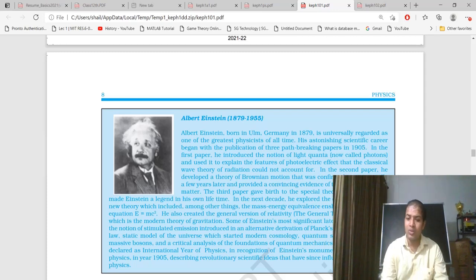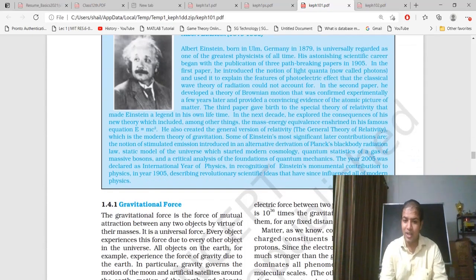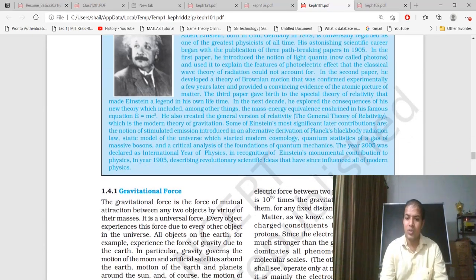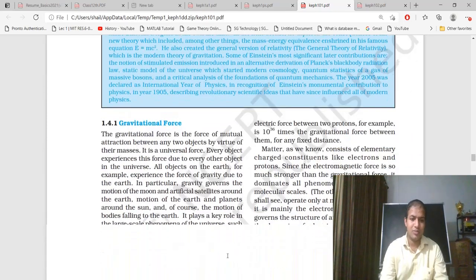The year 2005 was declared as the International Year of Physics in recognition of Einstein's monumental contribution to physics in the year 1905, describing revolutionary scientific ideas that have since influenced all of modern physics.